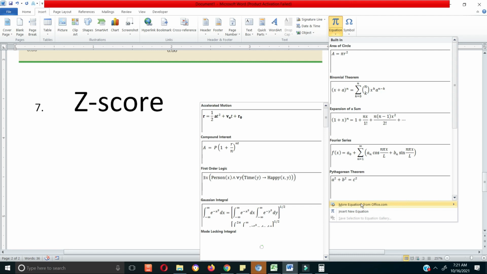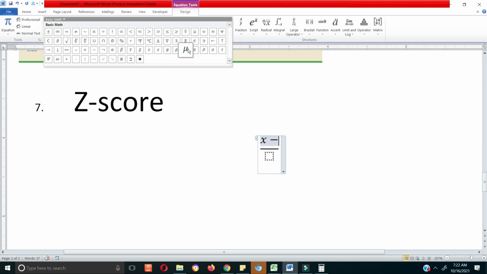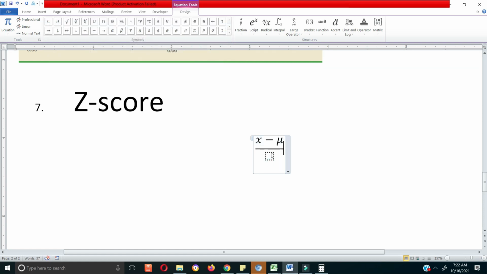The z-score for any value is essentially the distance of that value from the mean, which I'm going to write as mu, expressed in terms of standard deviations. So this is the z-score, right?